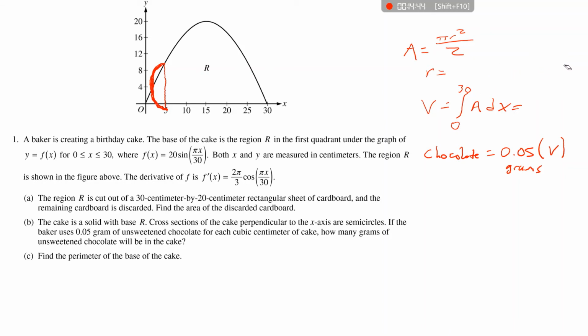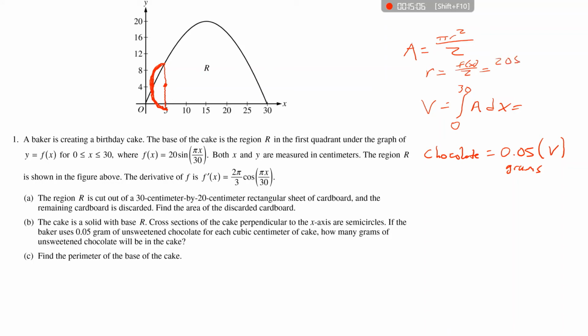It's not f of x. F of x would be the diameter. Oh, f of x divided by 2. Right. I almost didn't catch that. Okay, let's try that again. F of x over 2. I didn't catch it the first time.